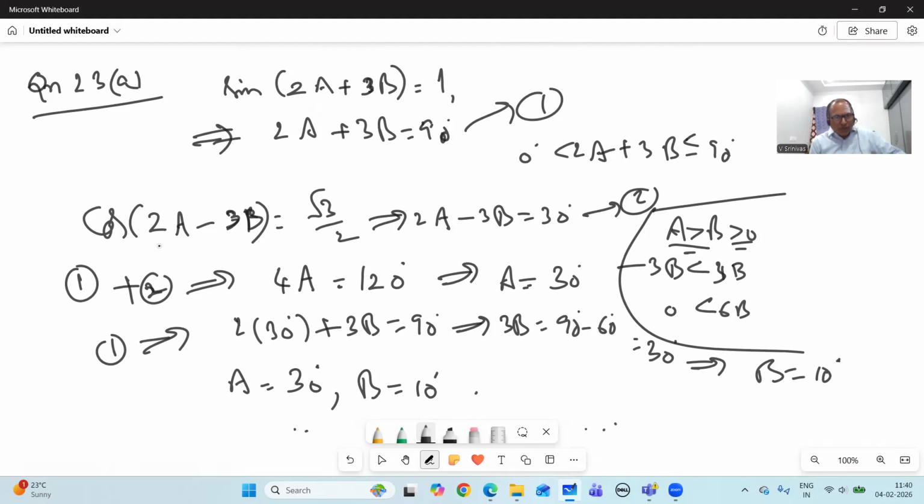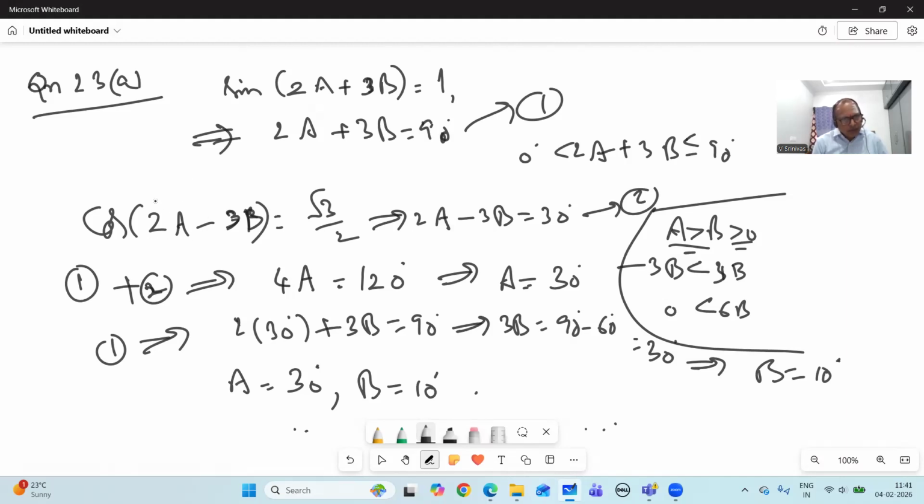Similarly, the cosine value of this difference is given to be root 3 by 2. If you impose that b is positive, you can obtain that this is an angle in the first quadrant, and the angle in the first quadrant for which cosine is root 3 by 2 is cos 30 degrees.